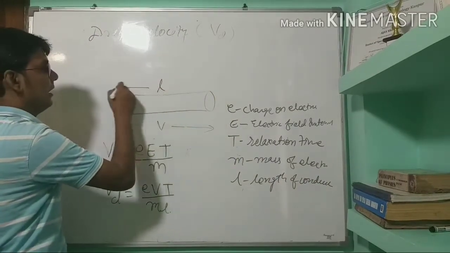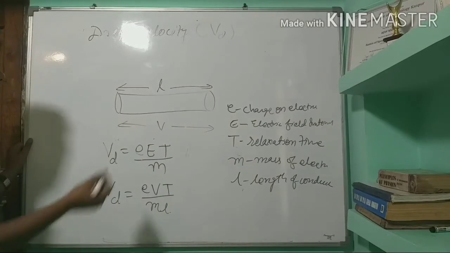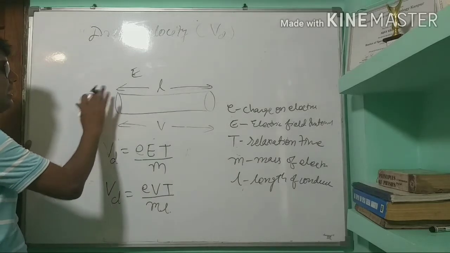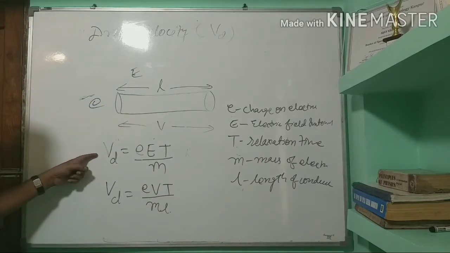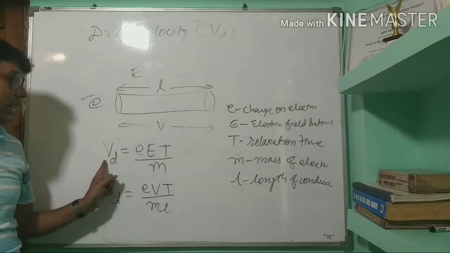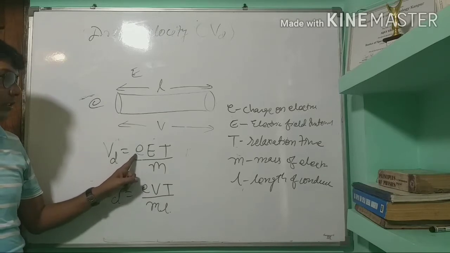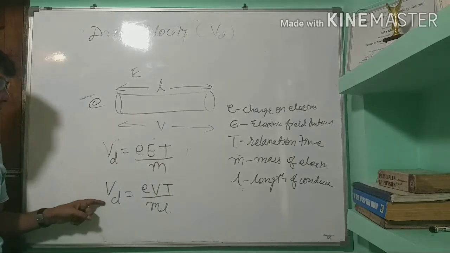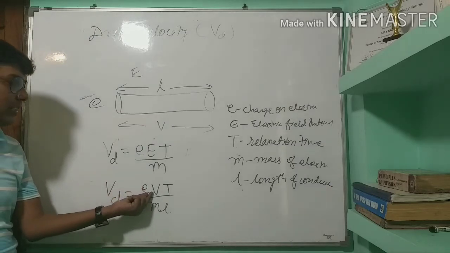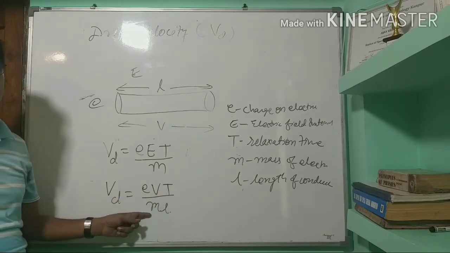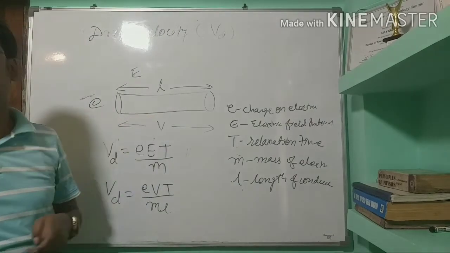If you know the electric field intensity, you can calculate drift velocity as charge multiplied by electric field and relaxation time, divided by mass. If you know the potential difference, it is eVt divided by mass and by the length of the conductor.